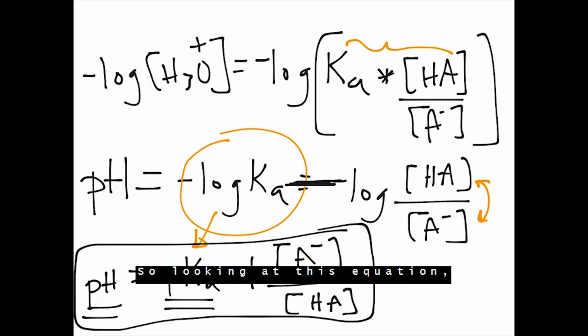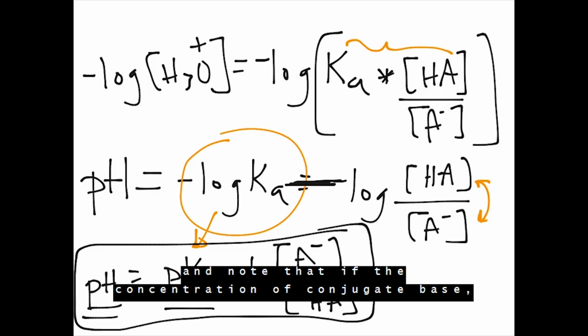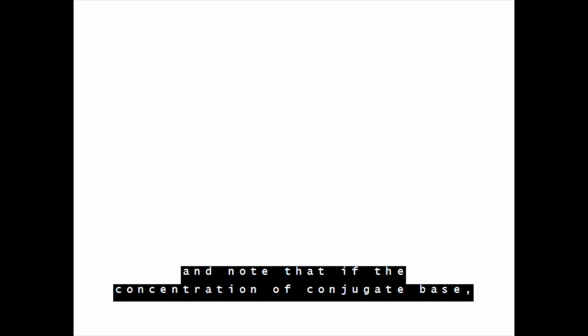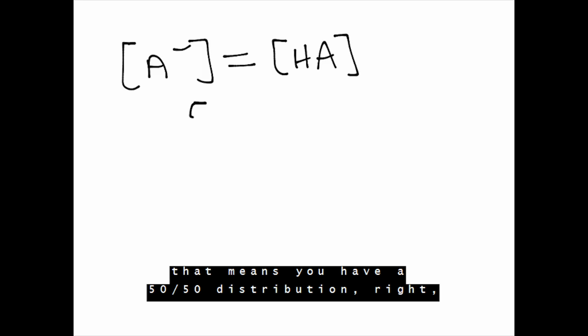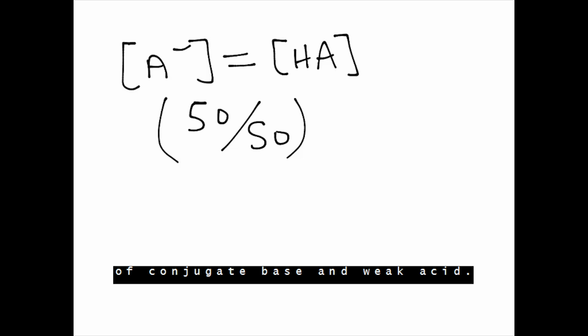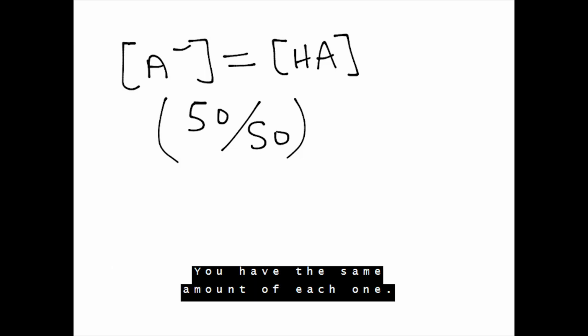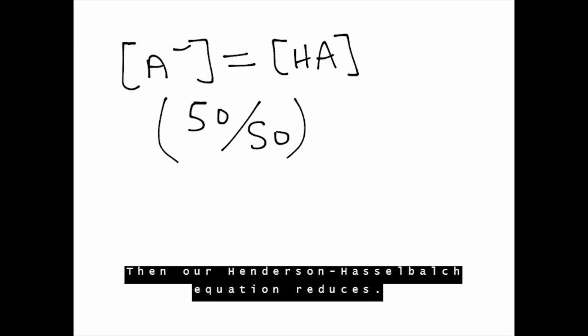Looking at this equation, we can take it a little bit further and note that if the concentration of conjugate base, A minus, is equal to the concentration of weak acid, that means you have a 50-50 distribution of conjugate base and weak acid. You have the same amount of each one. Then our Henderson-Hasselbalch equation reduces.